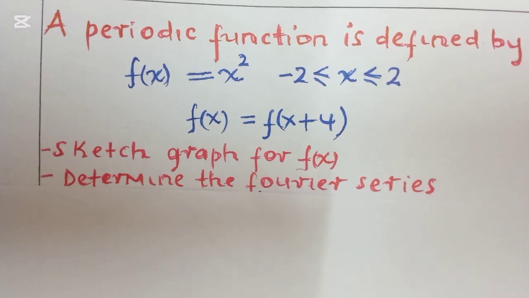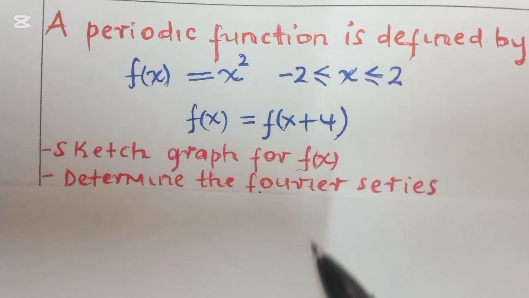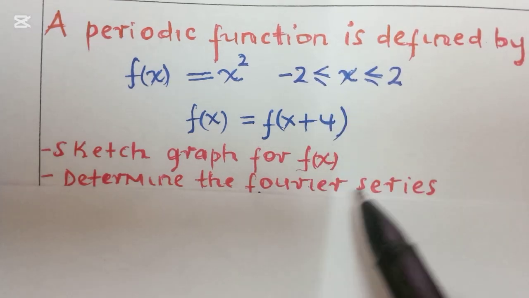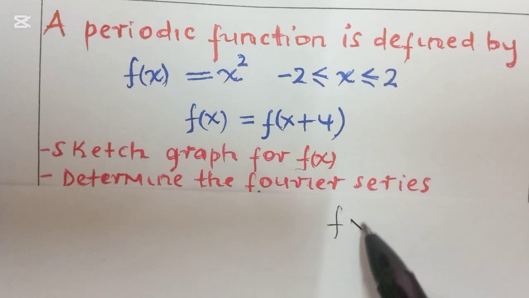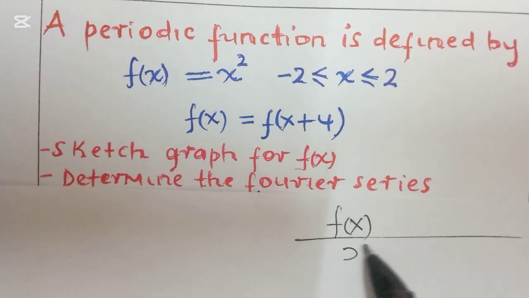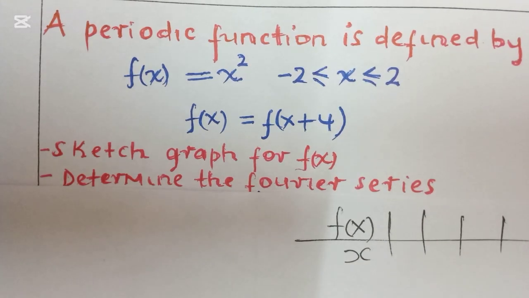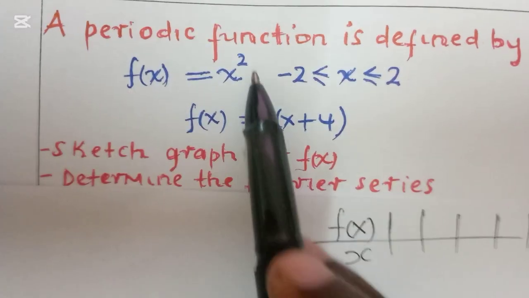Guys, I have already done that, but before we continue, I will show you exactly what I did. When you are doing the graph, you are going to have f(x) there and x, and you can divide this into several parts, because remember, this is not a straight line.